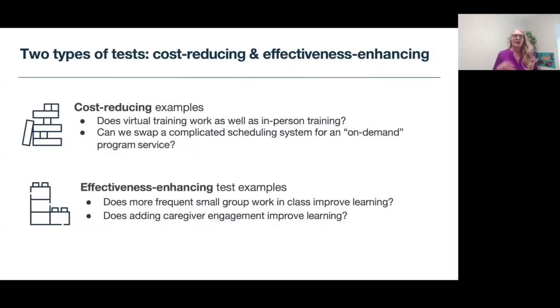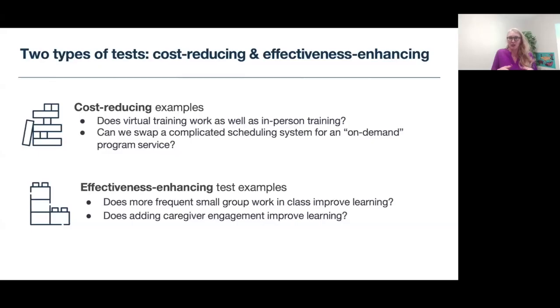Now, on the effectiveness enhancing side, the image here is a building block. So think of your Legos, your Duplos. We're trying to think about how to build on and enhance impact. In this case, you might have different costs in terms of the versions, and the costs might go up, but we would also expect to see a big impact boost and an improvement in cost effectiveness.